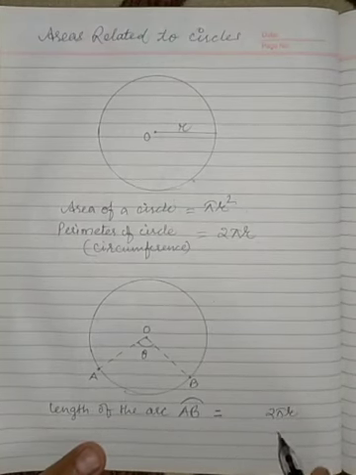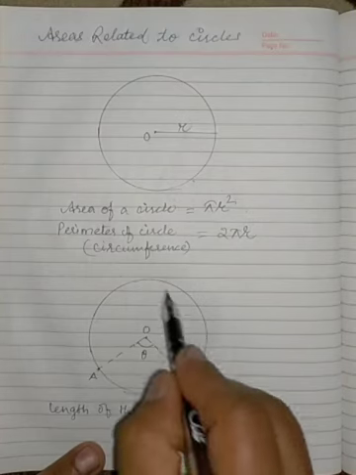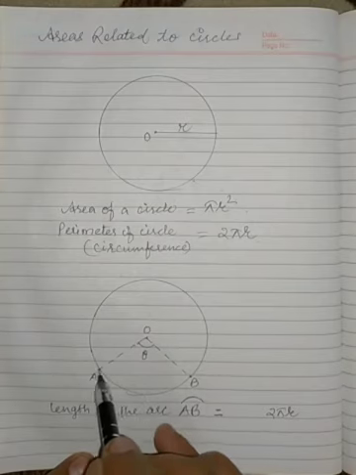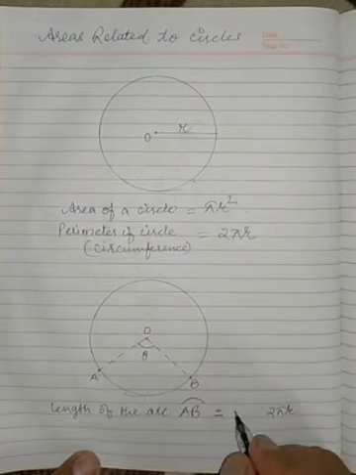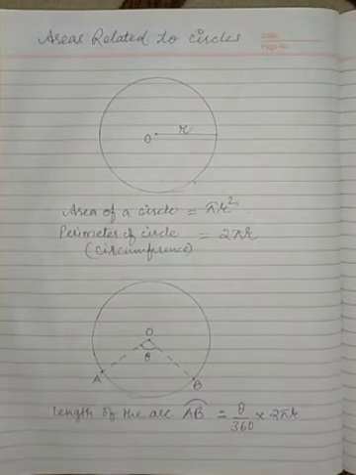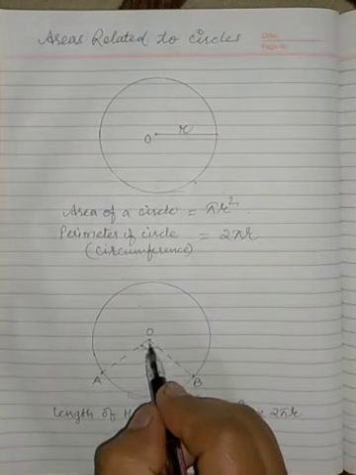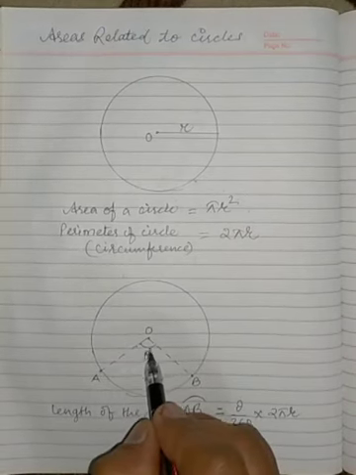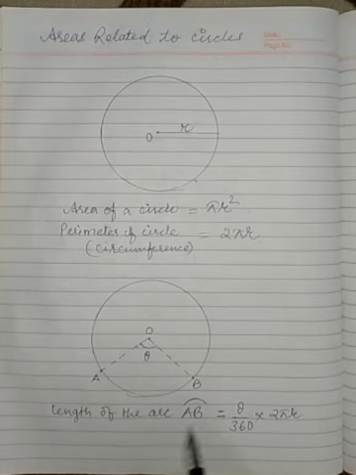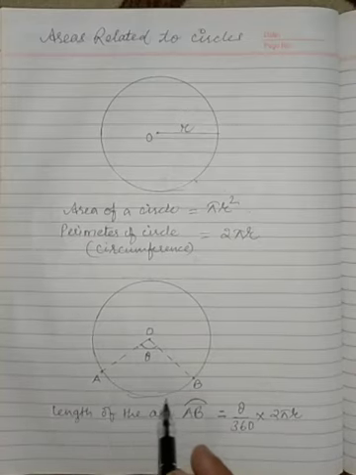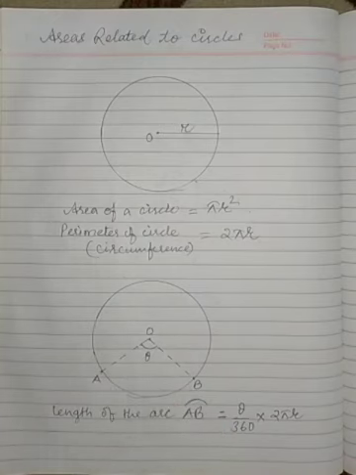But out of this full circumference, how much part we are going to find out depends on how much angle that part covers at the center, that is theta upon 360 into 2 pi r, because the full angle at the center is 360 degrees and our arc has covered only this much angle. So the length of arc AB will be given by theta upon 360 into 2 pi r. We have used 2 pi r here because this length of arc is part of the circumference.